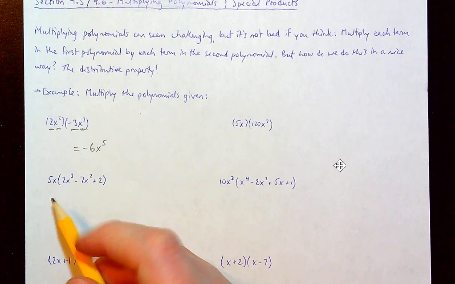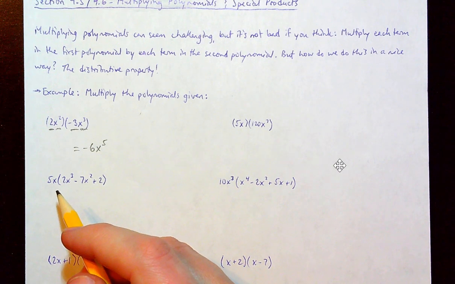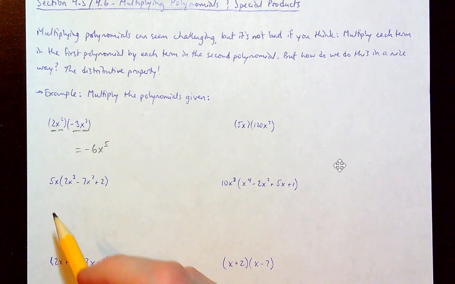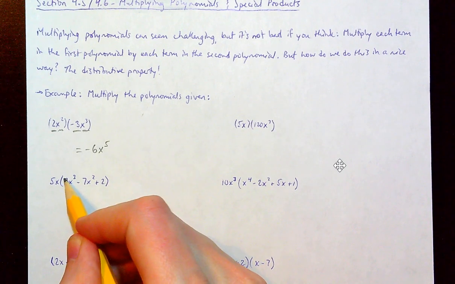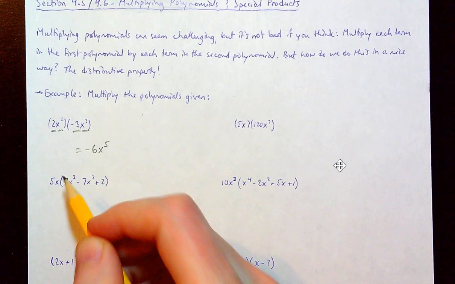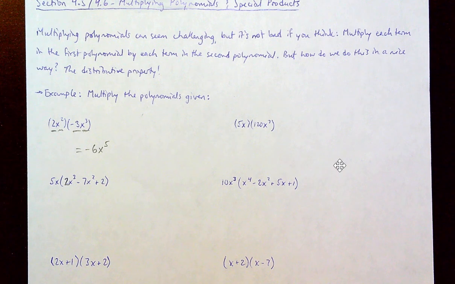So next one down, getting a little bit more involved here. 5x times 2 times x to the third, I'll make that just a bit more clear to show that that is clearly a 2, minus 7 times x squared plus 2.